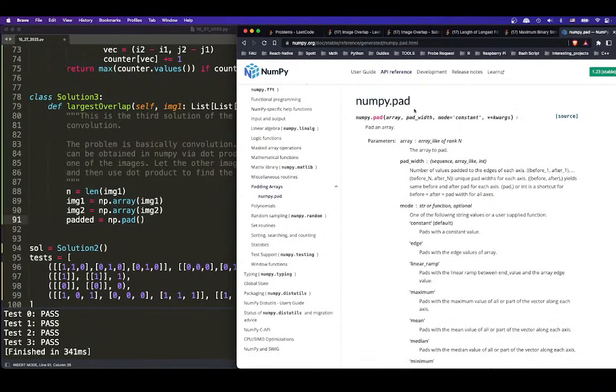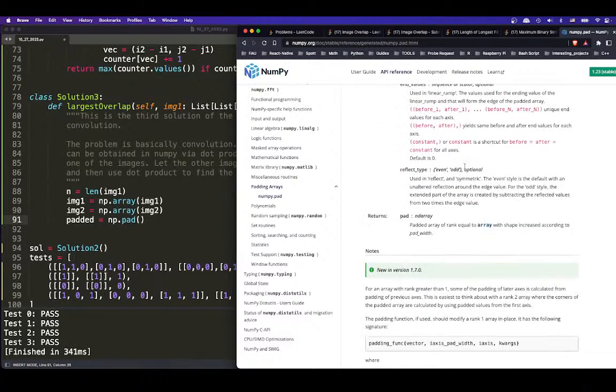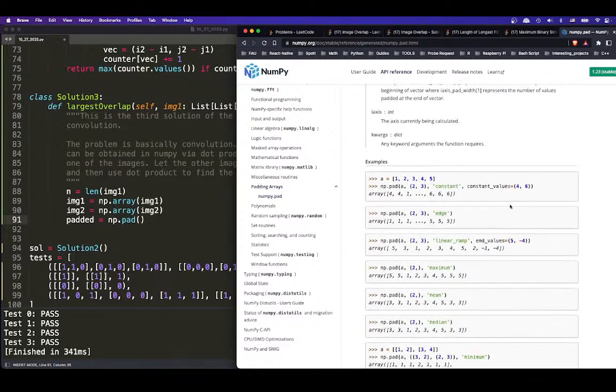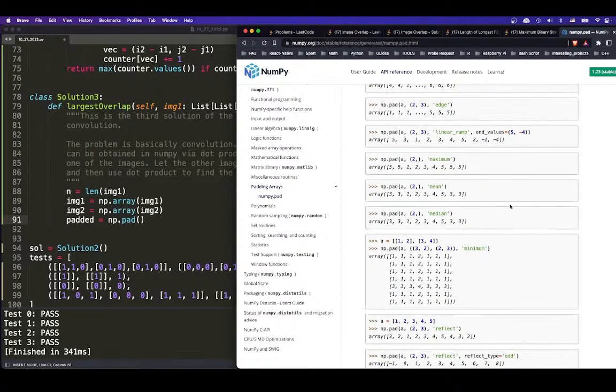Wait, what's the second one? Pad width. To the edges of each axis. Okay. Constant value 4 and 6. Holy crap, this thing is complicated.